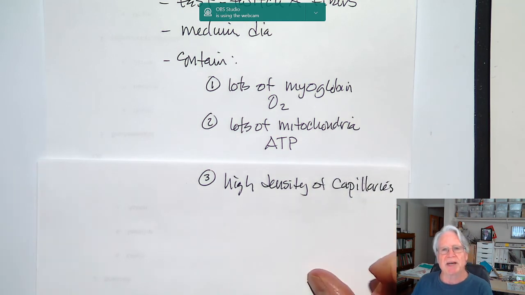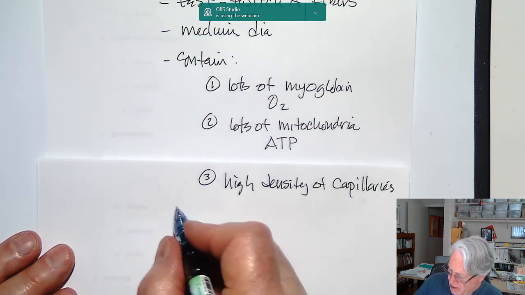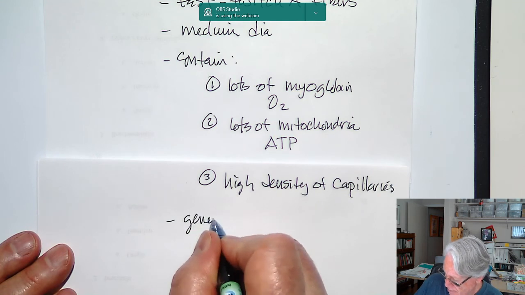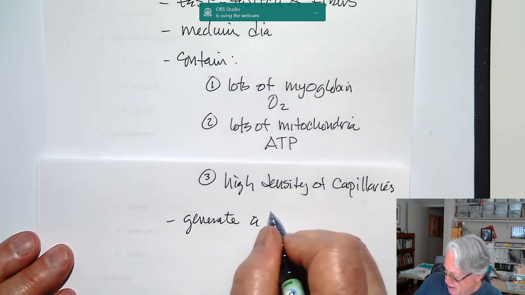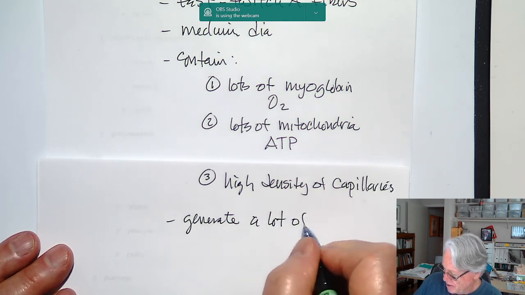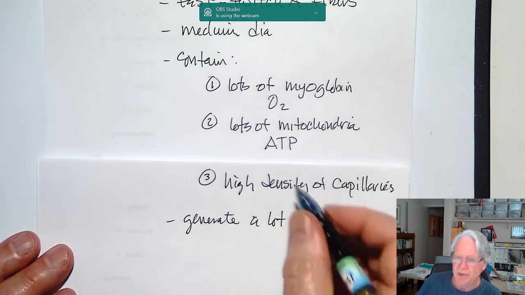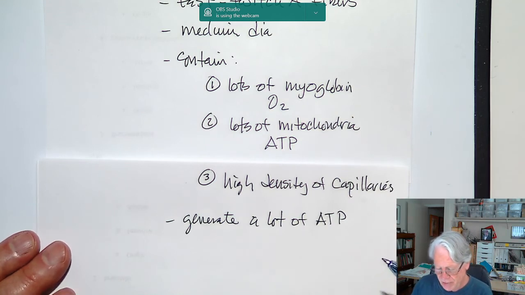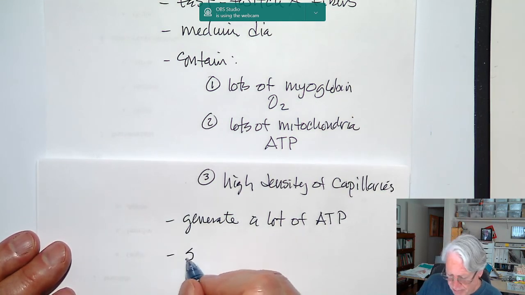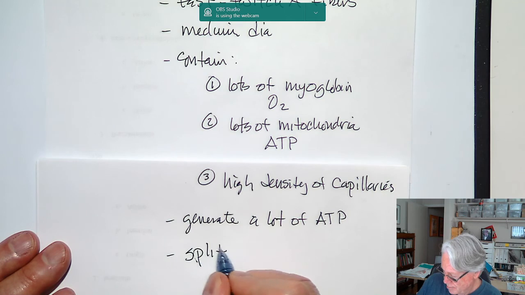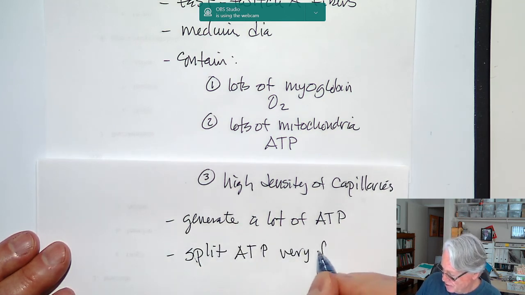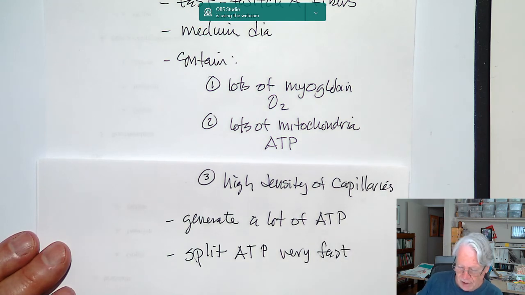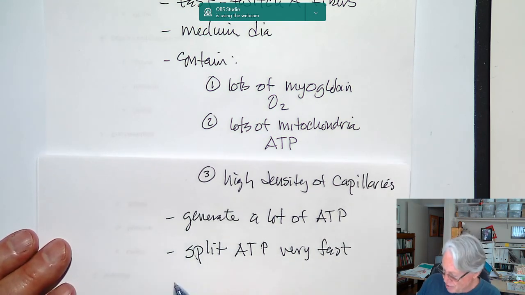So we can resupply these muscles very, very efficiently. They can generate a lot of ATP for the reasons we've just listed. Okay. But they split it fast. Very fast. So they have a very fast contraction speed.